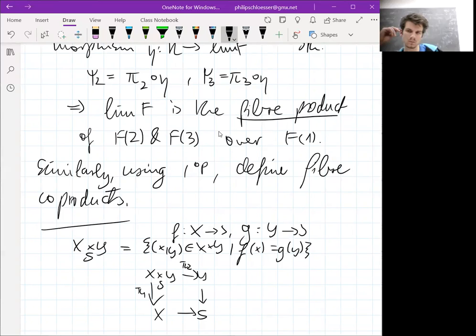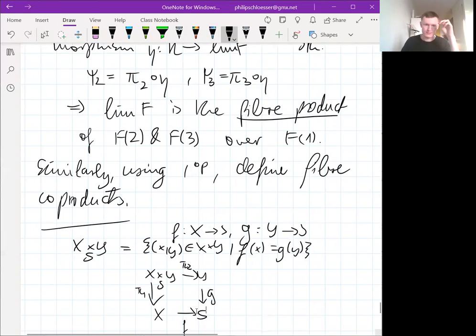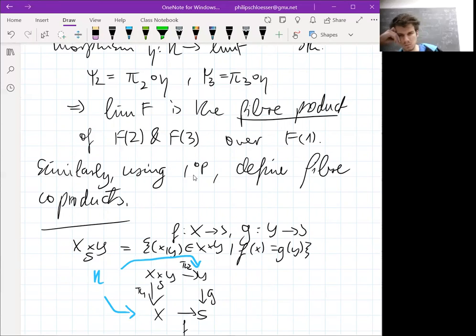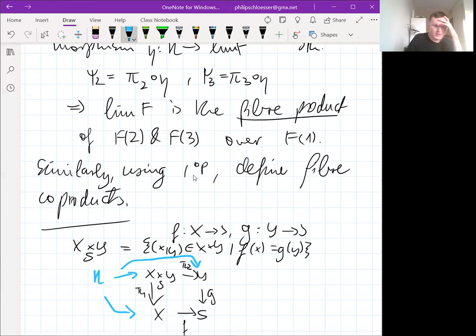And those maps here are F and G. And if we now have any other set N with maps to X and Y such that F after this thing here is equal to G after this thing here, then we get a unique morphism to the fiber product.